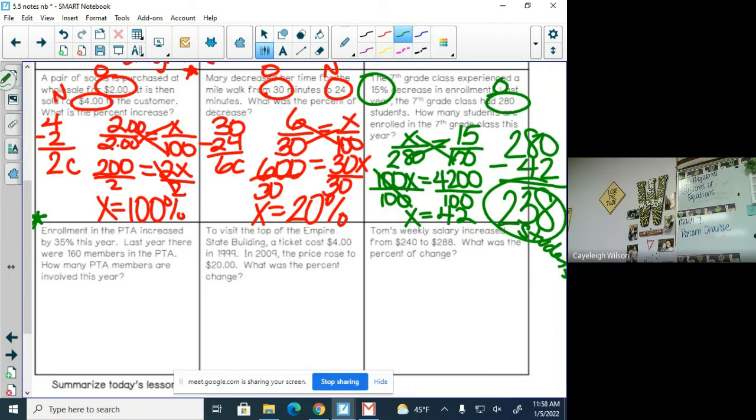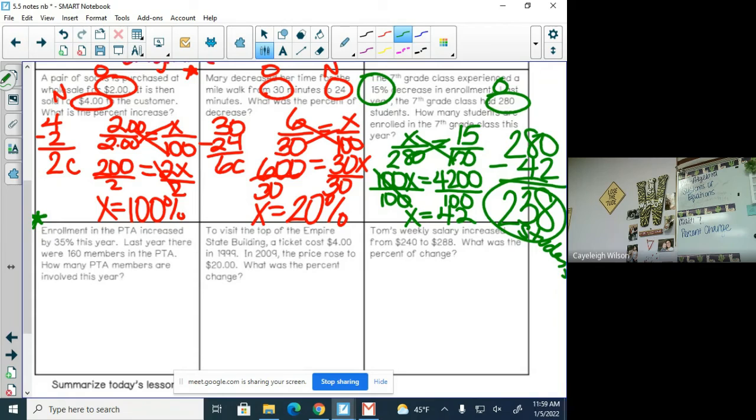So is that 160 the original or the change? What's that mean? This one? Increase. Alright, Avery, you good set up? Nope. What's the cost of that?